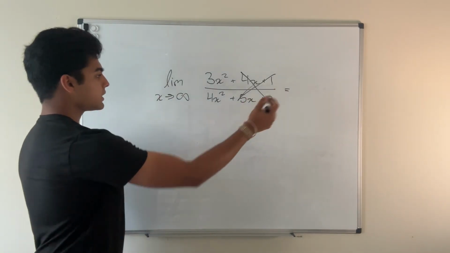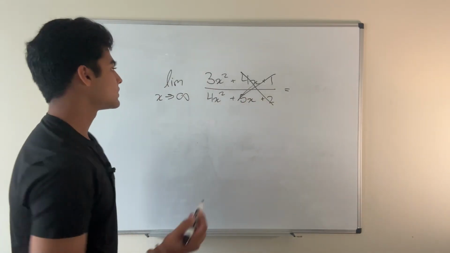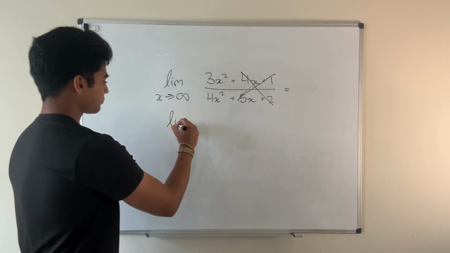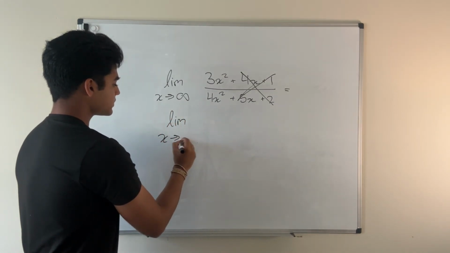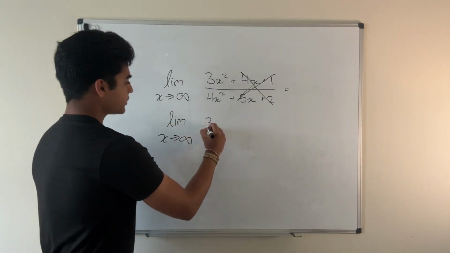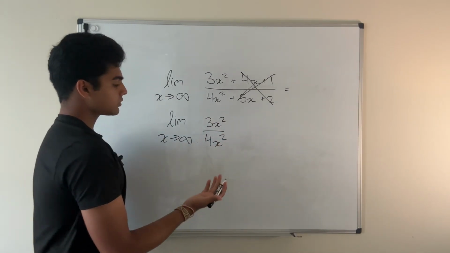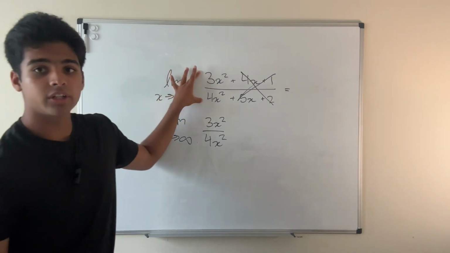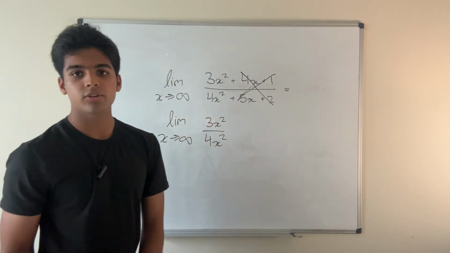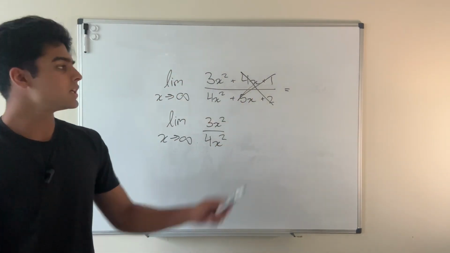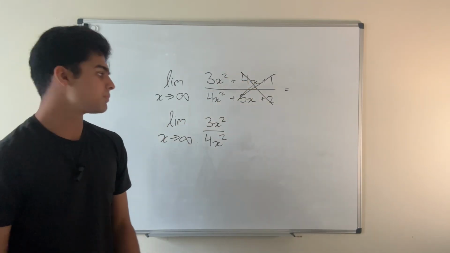So we can evaluate this to the limit as x approaches infinity of 3x squared over 4x squared. You can notice how we only kept the higher degree terms and crossed out everything else, because as x approaches infinity, these terms become insignificant.